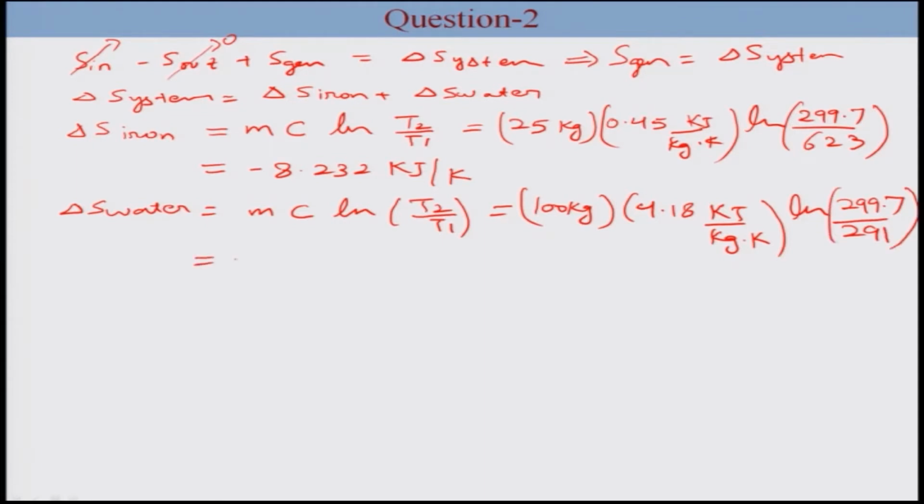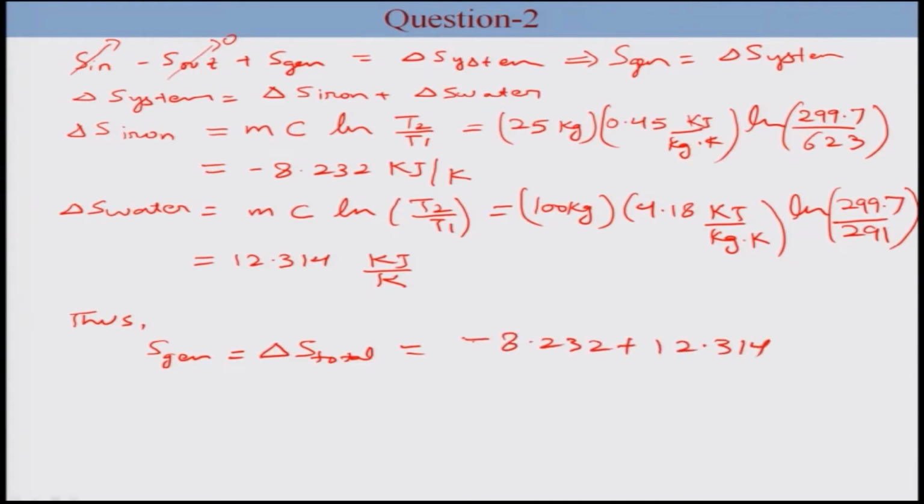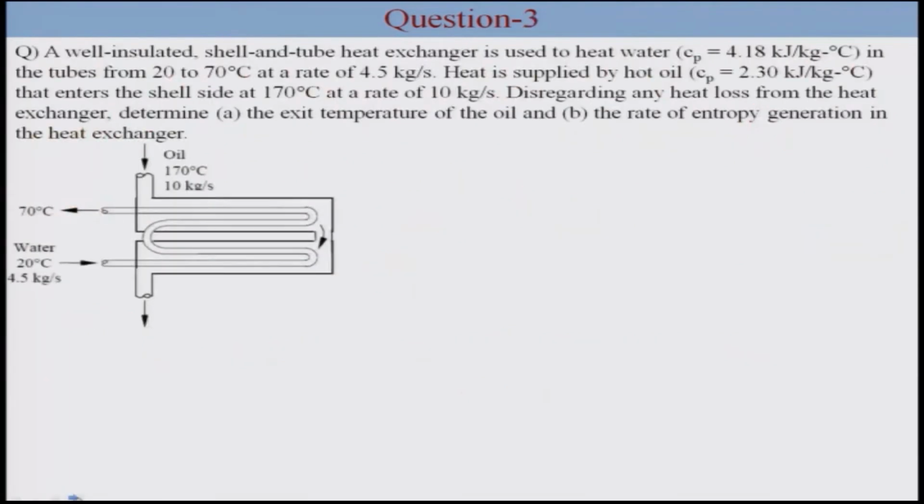So, this is equal to 12.314 kilojoule per Kelvin. So, this will give S gen, which is equal to change in entropy of the system, which is equal to delta S iron plus delta S of water. So, minus 8.232 plus 12.314, and this is equal to 4.08 kilojoule per Kelvin.